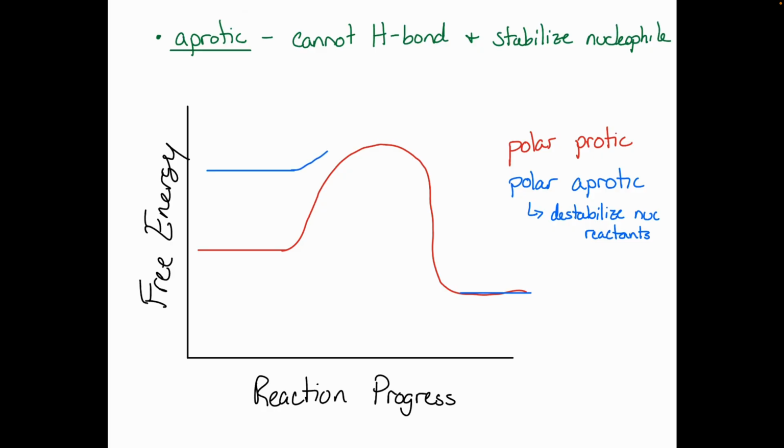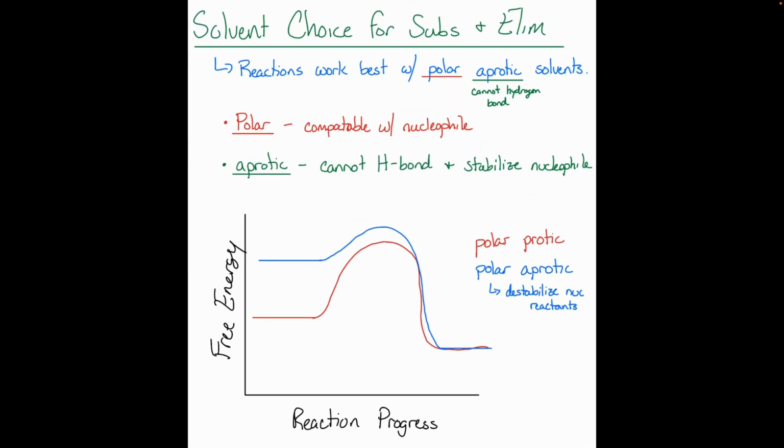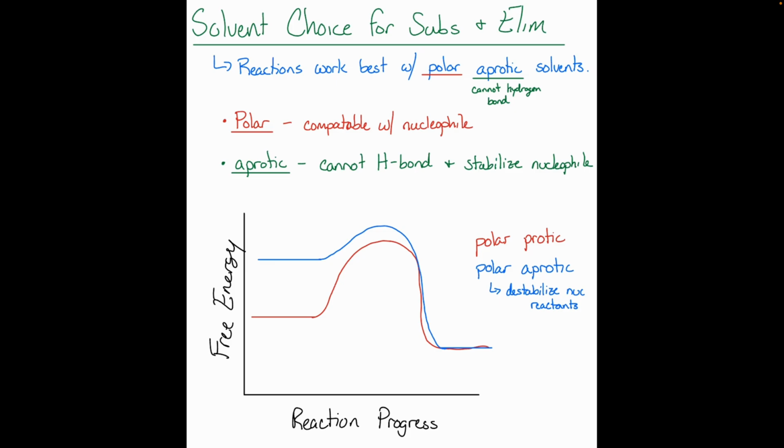So instead, we have a smaller activation energy barrier, and we have a more favorable, from a thermodynamic standpoint, reaction. This has a smaller activation energy, and it has a larger negative delta G because of that solvent choice, because we've destabilized that nucleophile with that aprotic solvent.